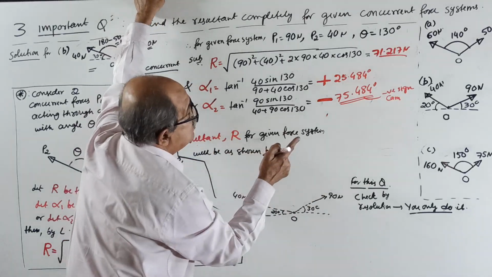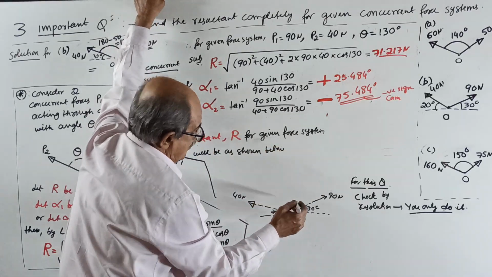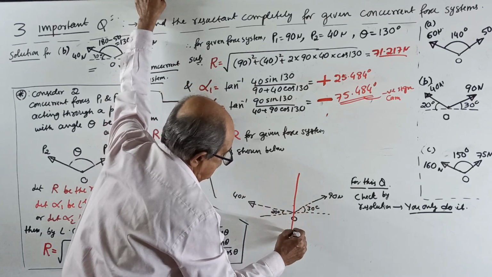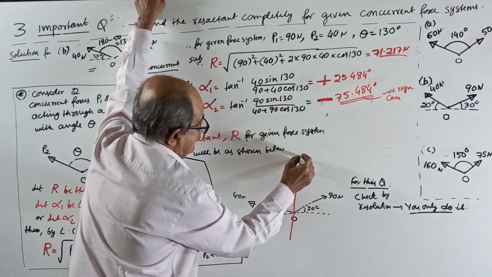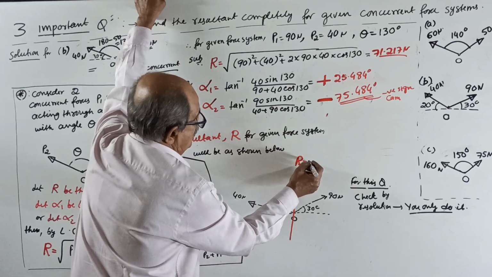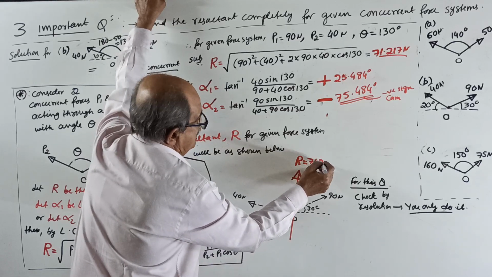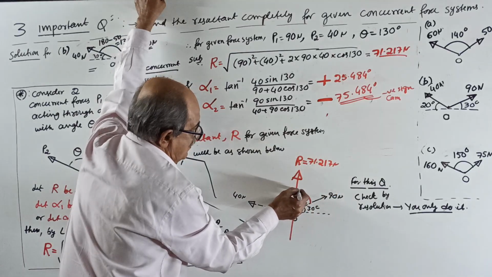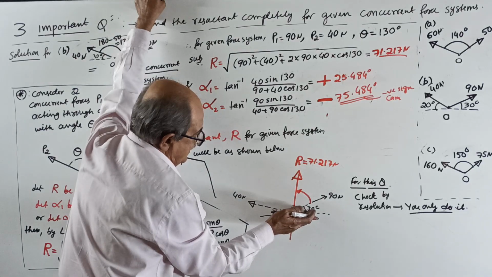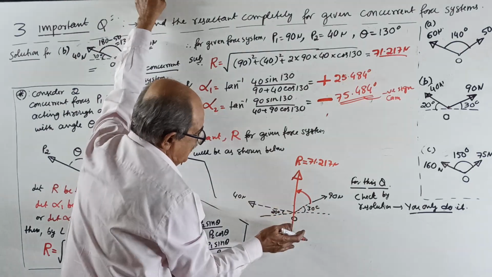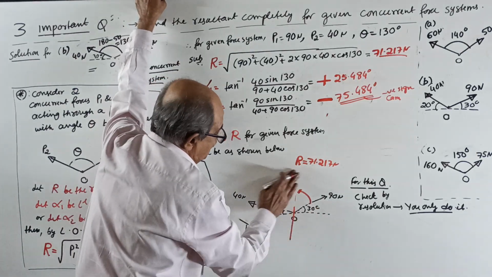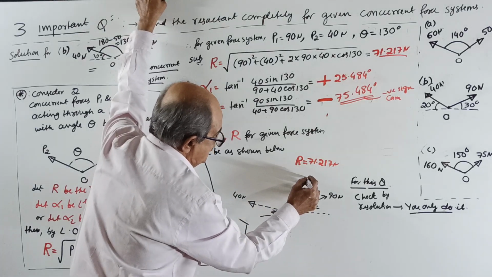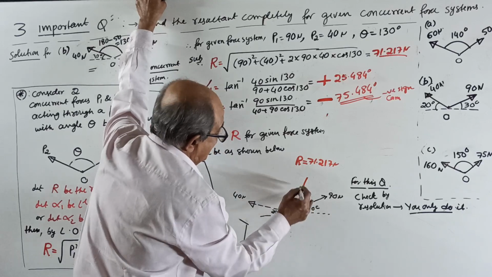The resultant R equals 71.217 Newton, and this angle is a little out of scale. See, 30 degrees, 20 degrees, nobody will believe. I should shift it so that it looks more neat. A little this way. Okay, now correct.